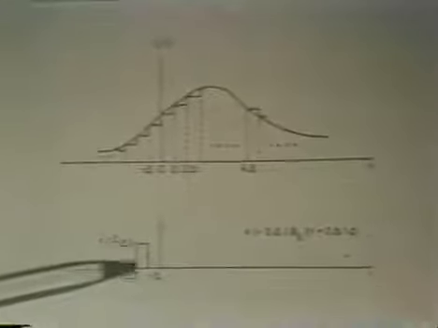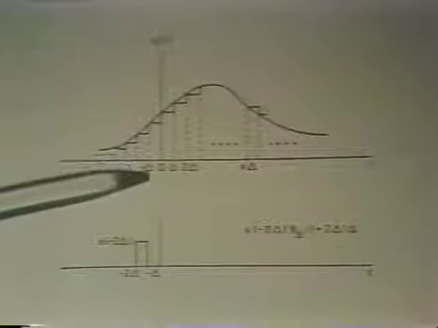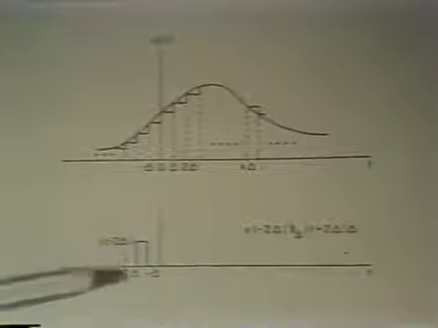Here, for example, is the rectangle between t equals minus 2 delta and t equals minus delta. Here's the one from minus delta to 0. And as we continue on down, we get rectangles from successive parts of the waveform.